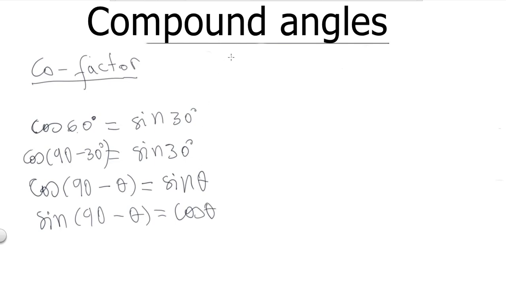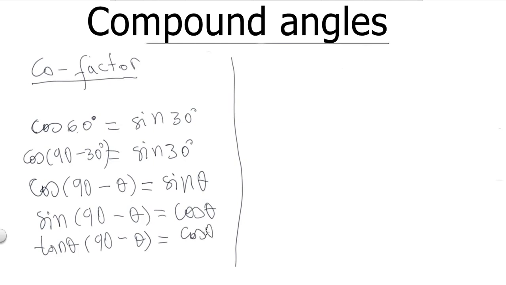So sine will change to cos, cos will change to sine. Then if you have a tangent of 90 degrees minus theta, remember tangent is sine over cos. Therefore, you have a cos over sine. So it's the inverse.